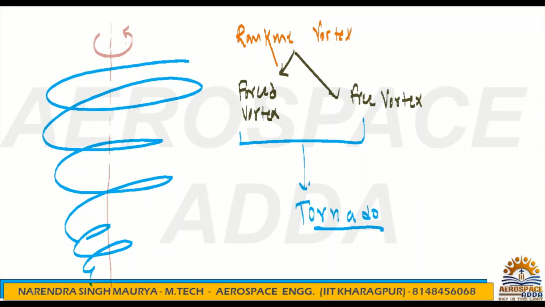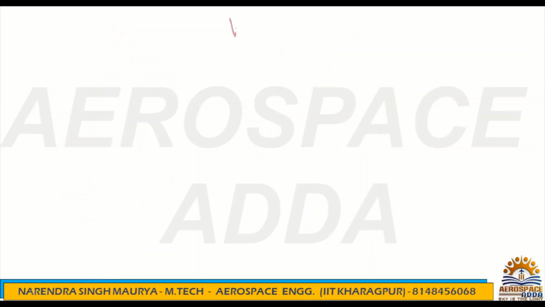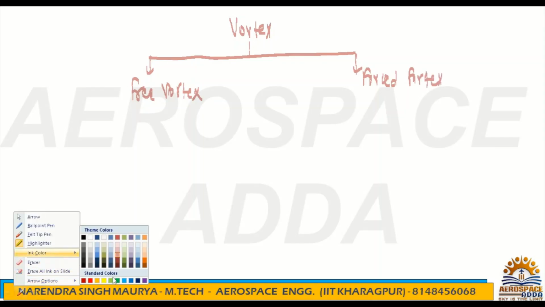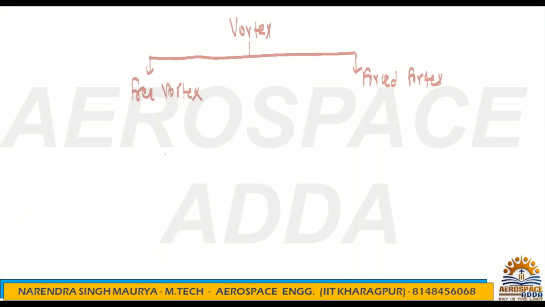What is the outcome of the free vortex and forced vortex we have discussed? You always remember, I have explained two types of vortex. In short, I can give the important points here: free vortex and forced vortex. Important points here.